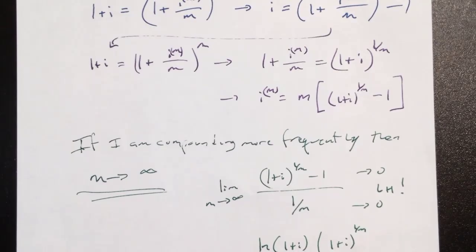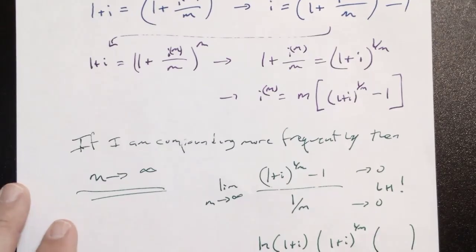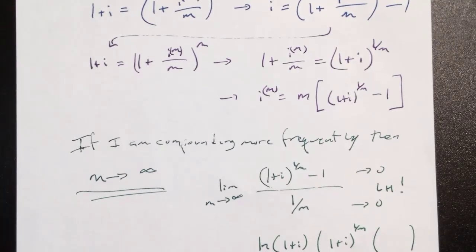And the chain rule tells me to take the derivative of 1 over m. What's the derivative of 1 over x? Y'all took calculus. I know you know this one. It's x to the minus 1. What's the derivative of x to the minus 1? Power rule.